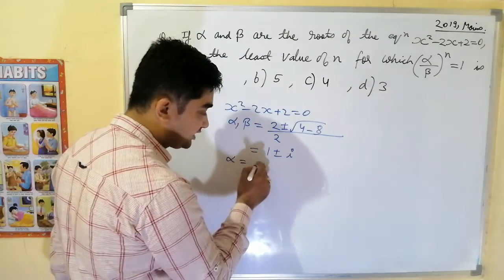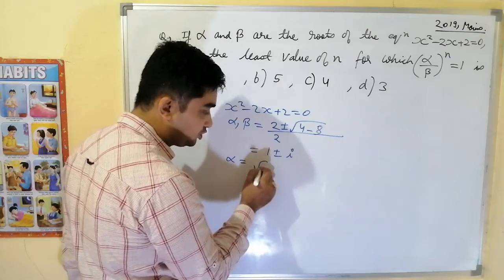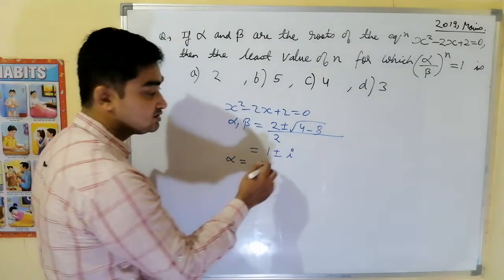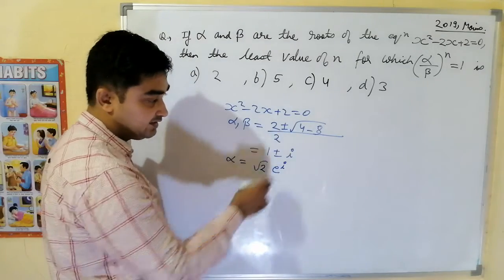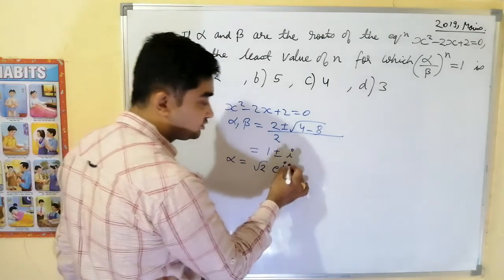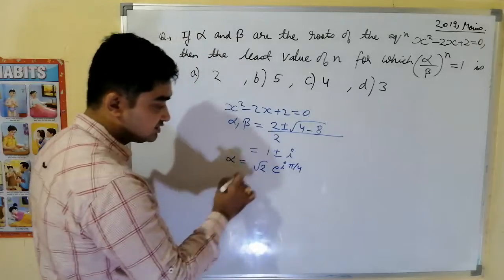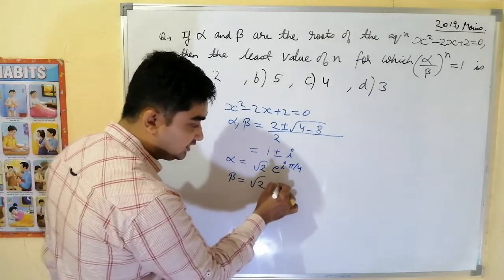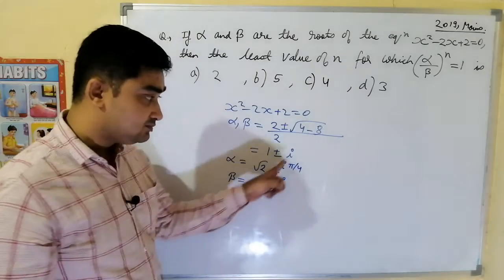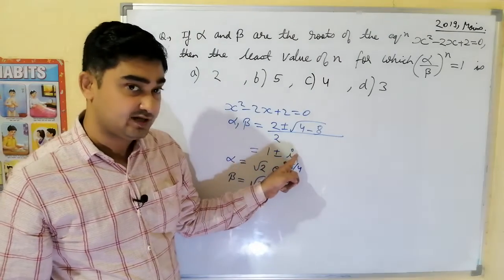If alpha is 1 plus iota, we can write in Euler form as root 2, which is the modulus, e power iota tan inverse y by x, which is 1 by 1, which is 1. So it is pi by 4. So this is alpha. And what about beta? Beta is root 2 e power iota. Now x is positive but y is negative.